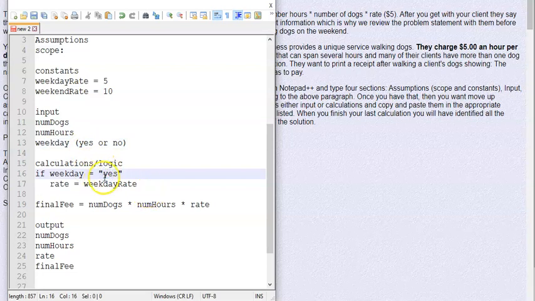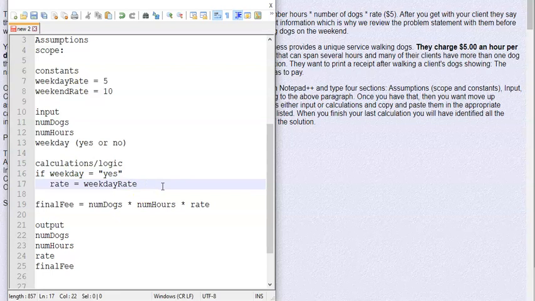If I put this as a capital, then I would put that as a capital yes. So be careful when you're telling your user what you want them to type in, because if you type in a capital yes here and then use a small yes here, when they type in capital yes, it's going to be no. So be careful. If you want to use capitals here, make sure you use capitals here because the case matters.